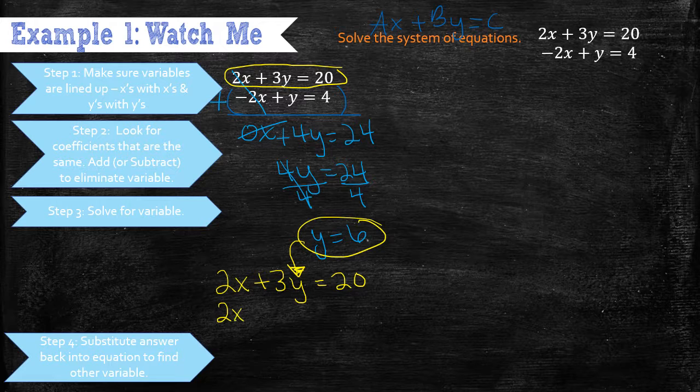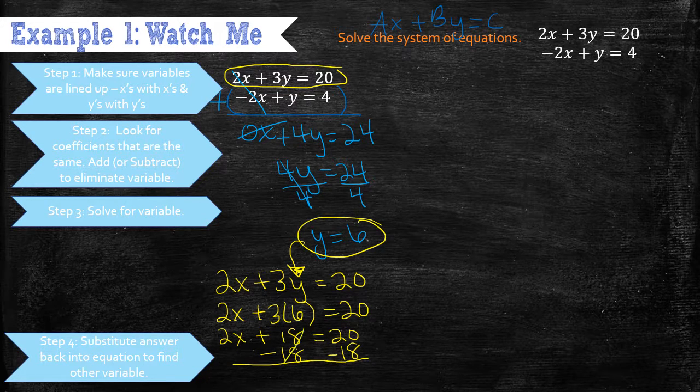So I'm going to have 2x plus 3 times 6 equals 20. And now I can solve for x. So 2x plus 18 equals 20. I want to get x by itself, and to do that, I need to undo this addition. So I'm going to subtract 18 from both sides. Those cancel, and I'm left with 2x equals 2.